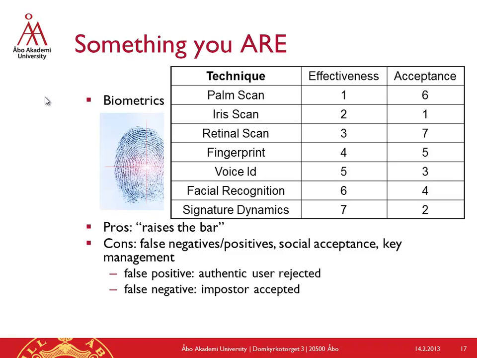And the last authentication option is something you are, which is biometrics. You can have fingerprints, you can use palm scan, you can use iris scan or something else. Some of these methods are quite good, some of these methods are not acceptable to the public, but they provide an ability to check if this person is the correct person. But it has a very interesting disadvantage.